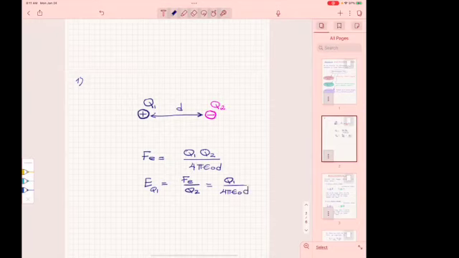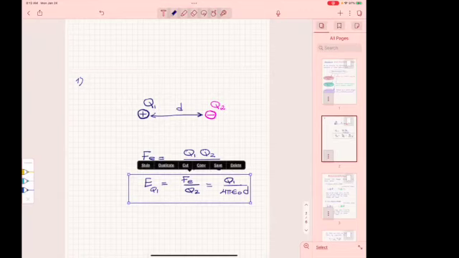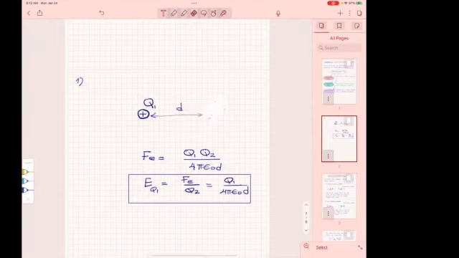What does that really mean? I don't have a Q2 now. It means that this one, let me in fact highlight it, means that if I remove charge Q2 for a second, and then I keep still distance d, so practically I put this point here.